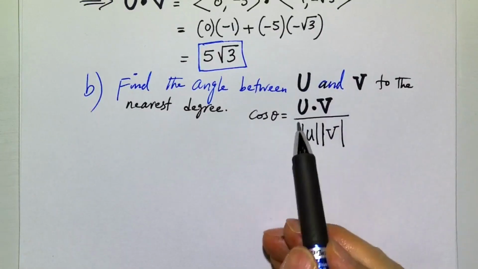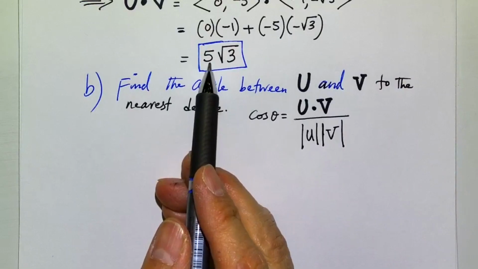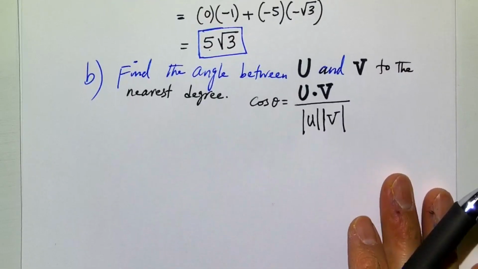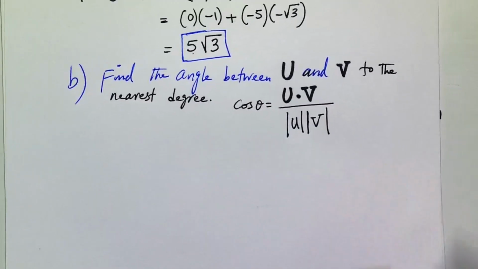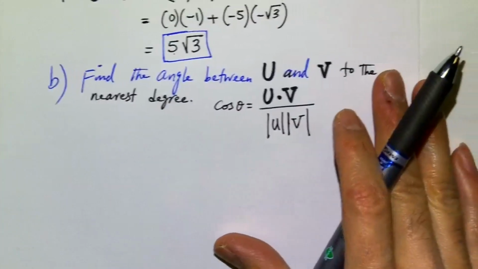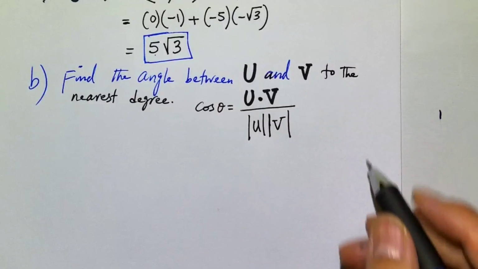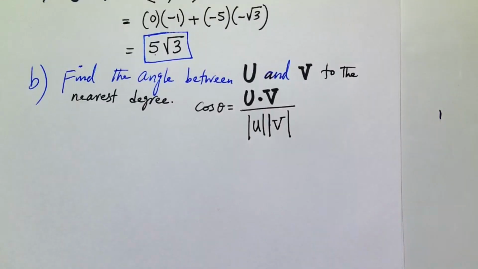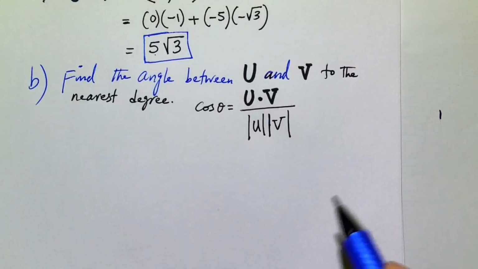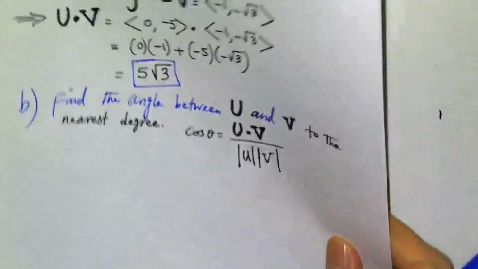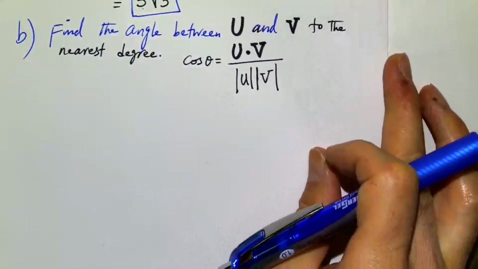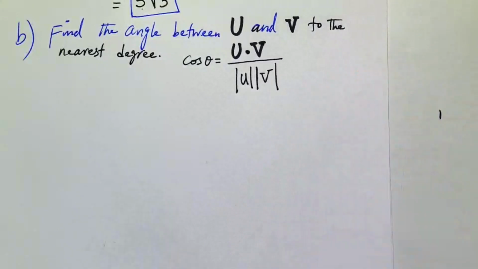So we already have the dot product, which we calculated in part A. Now, because the vectors are off the screen and we want to work with them, I'm going to write them here again, so we have them in front of us as we go through this operation.